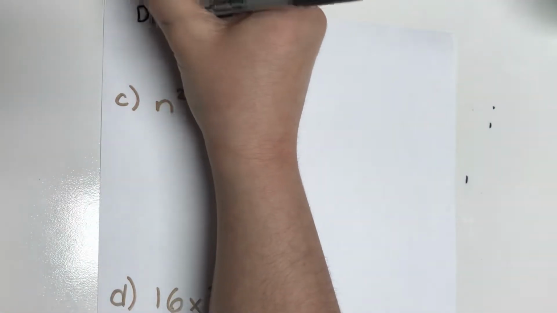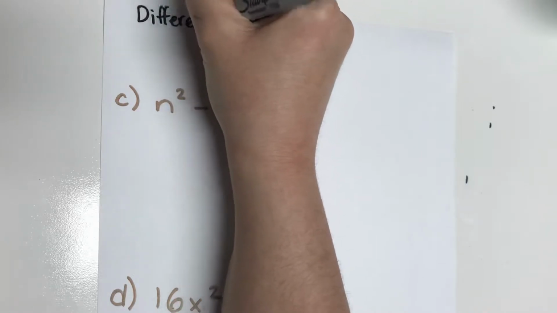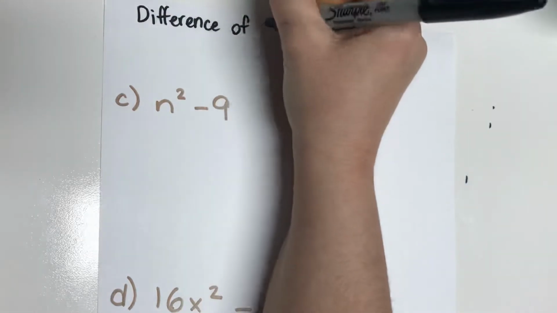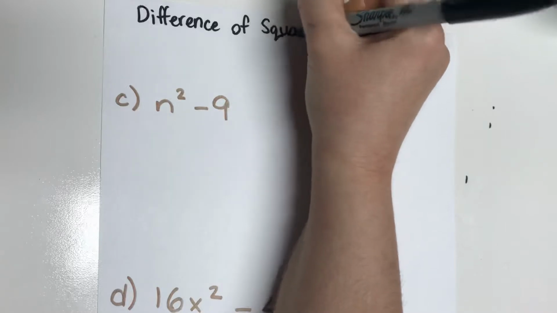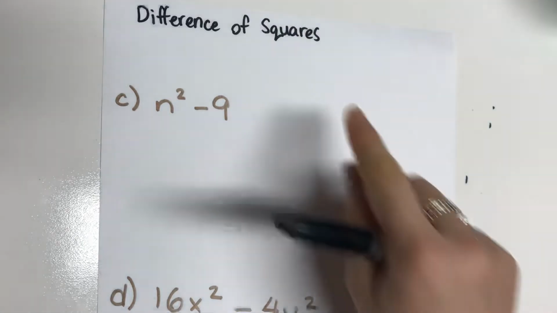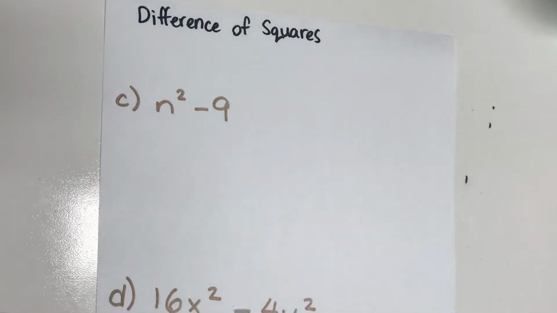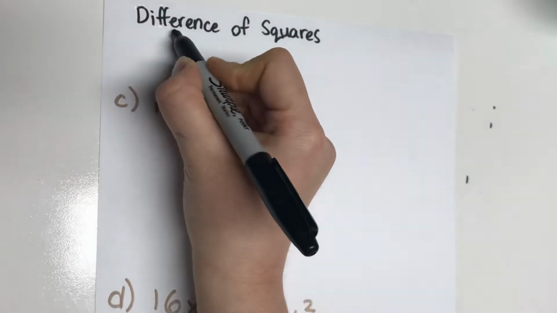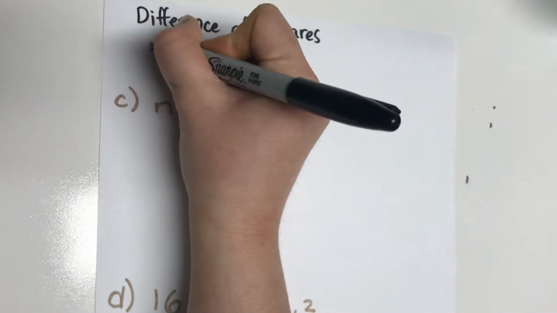The other type of special case is called difference of squares. So again, squares refers to those numbers like 1, 4, 9, 16, 25. When I say difference, difference means subtract.